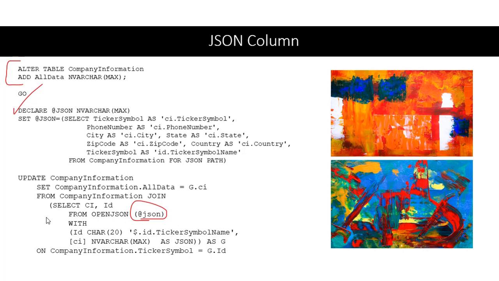So this is a very alternative method. We have to know things like this $ sign represents the root, and we need to know the ticker symbol is lined up here in the JSON part of the output. So that's a second way to do it.